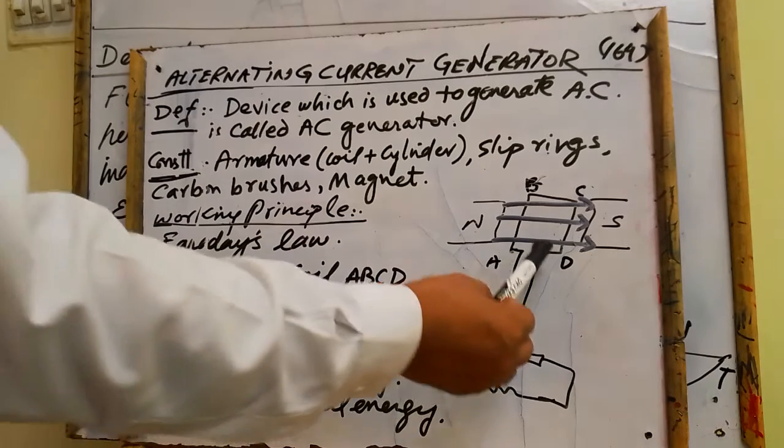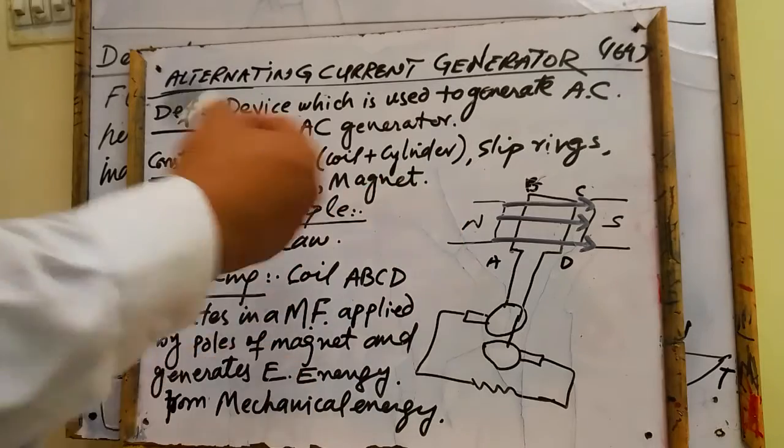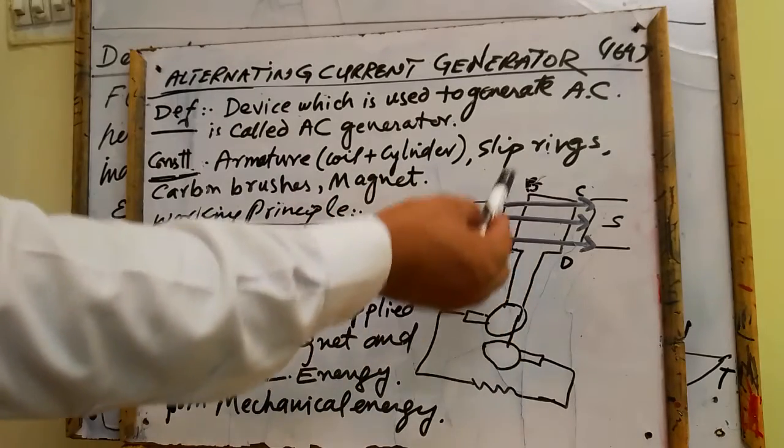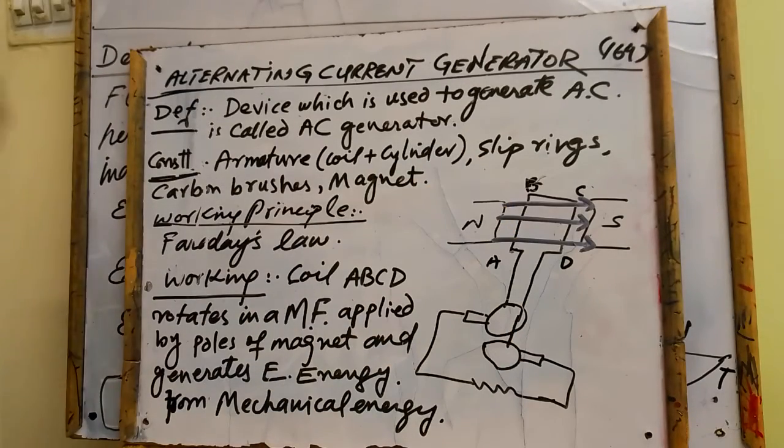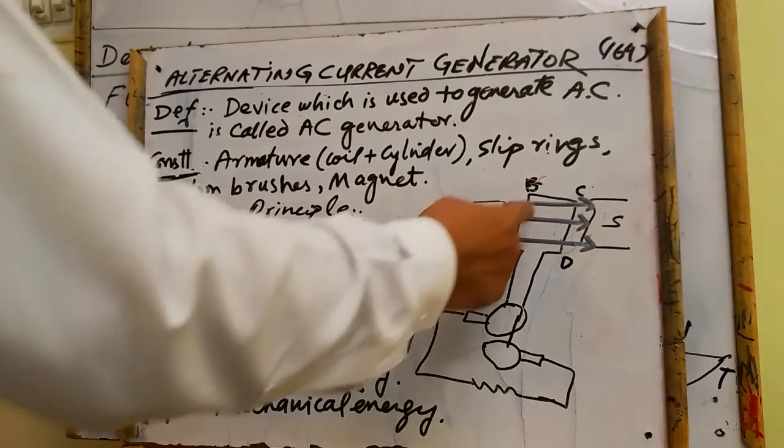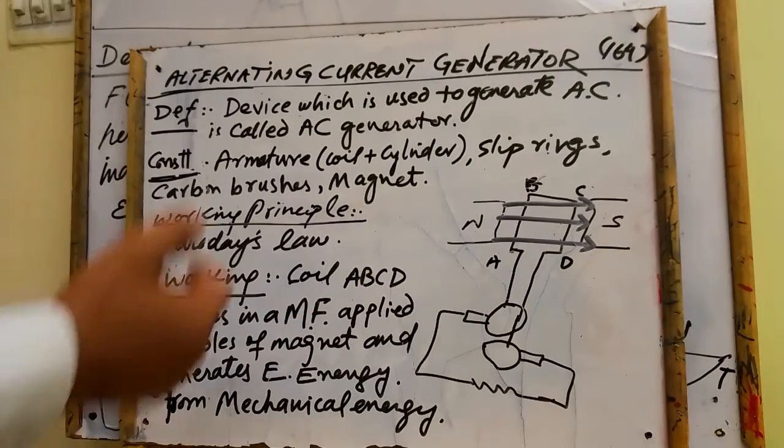How can we rotate this coil in a magnetic field? We can rotate the coil by any external source, an additional part of the AC generator, a mechanism which can be used for the rotation of the coil.